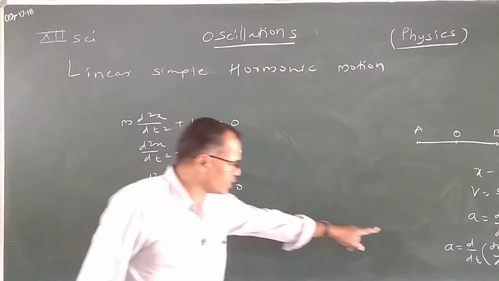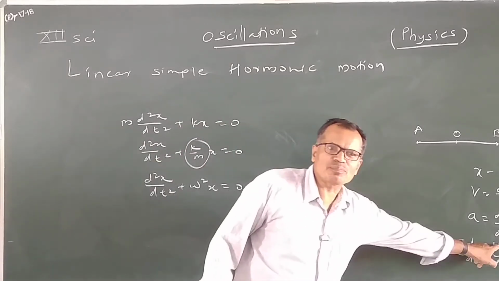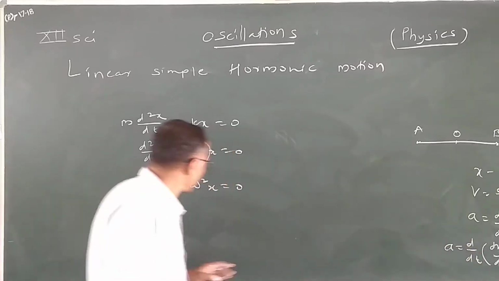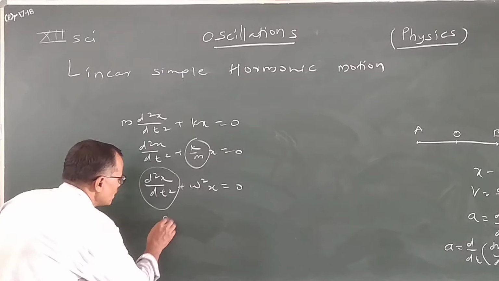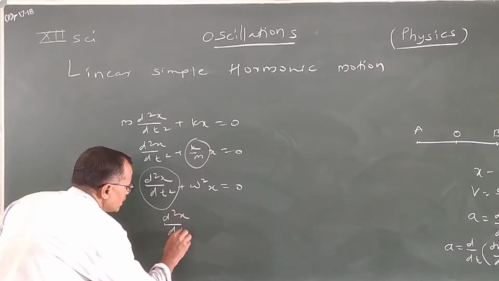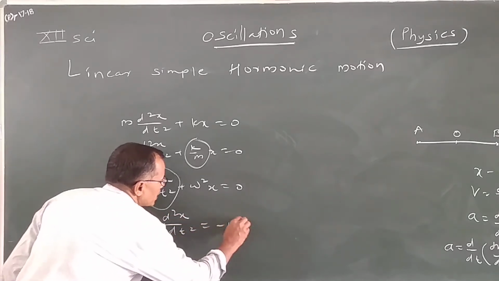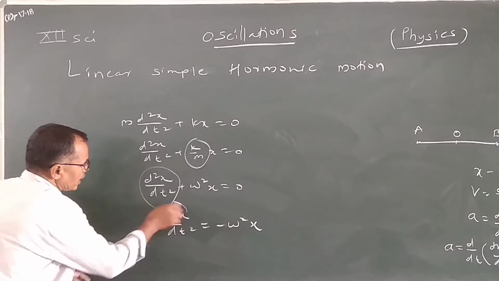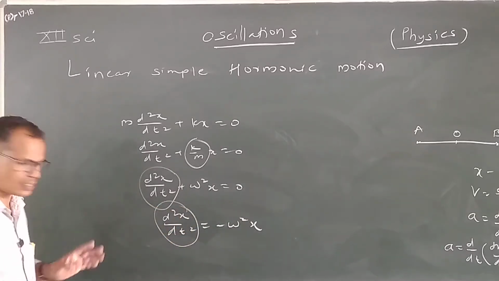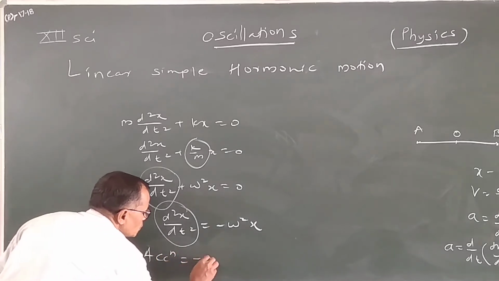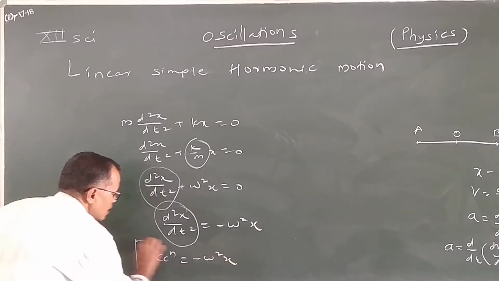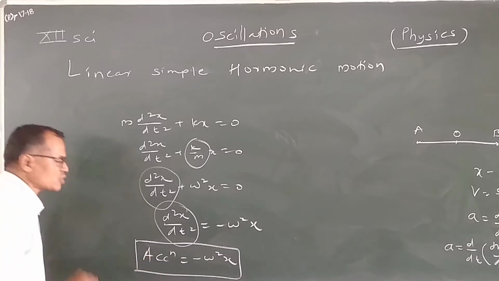We have seen that acceleration is d square x upon dt square. So for this term we can write acceleration, that it will become d square x upon dt square equal to minus omega square x. So we can write that acceleration is equal to minus omega square x.